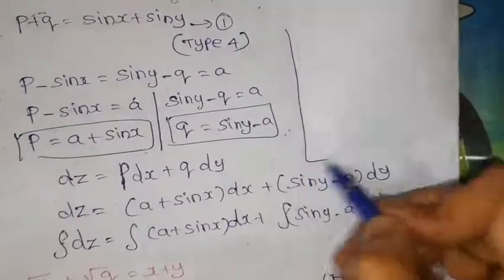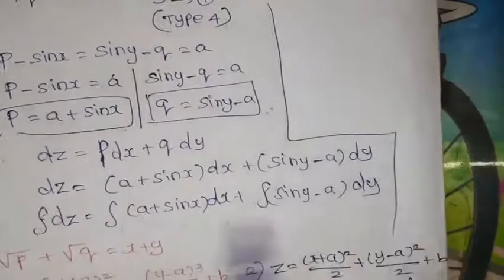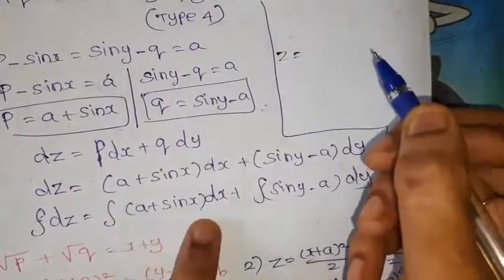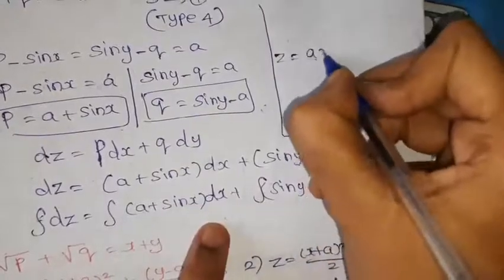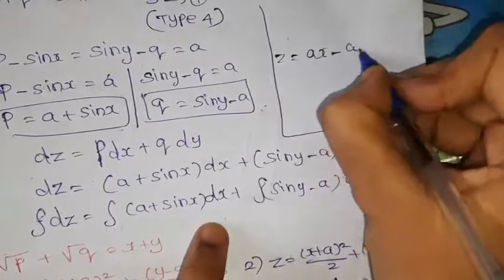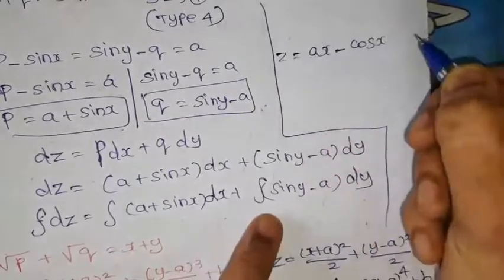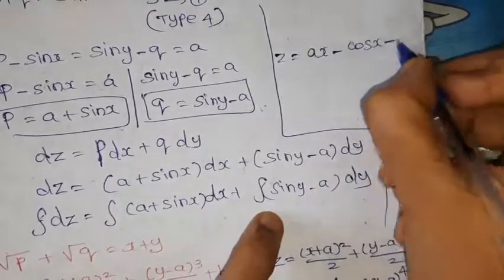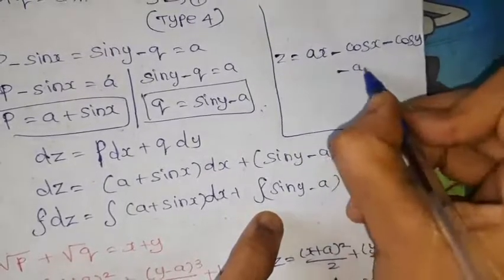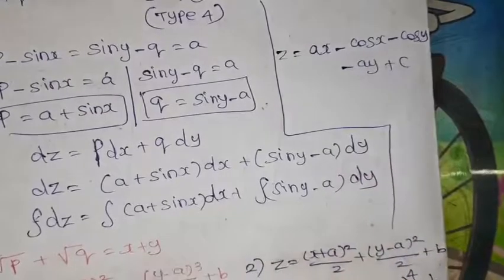This is a simple integration, right? Integral dz equal to z only, then a dx: integration of a dx equal to ax, plus integration of sin x is minus cos x. Again integration of sin y is minus cos y, minus ay plus some constant c.